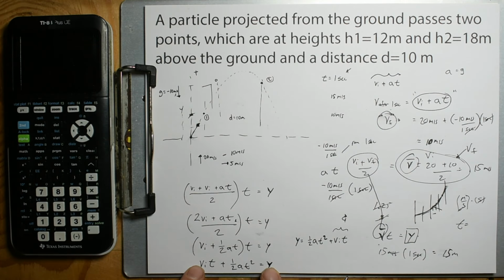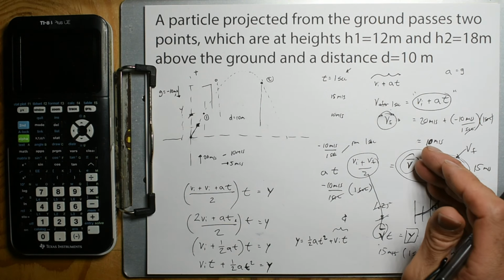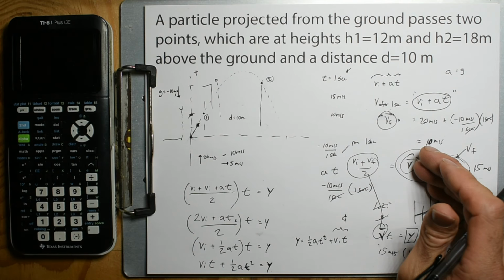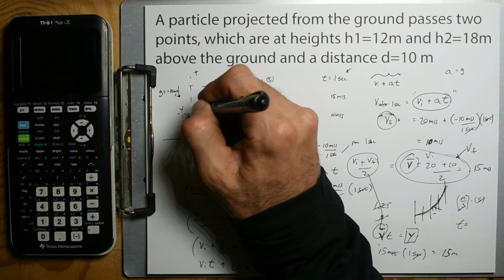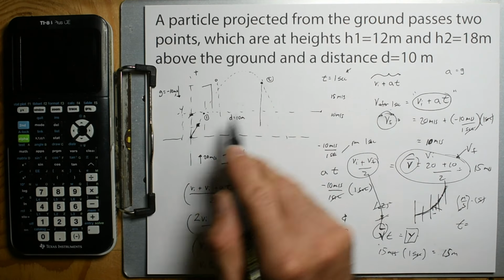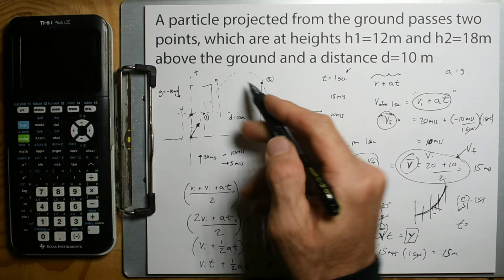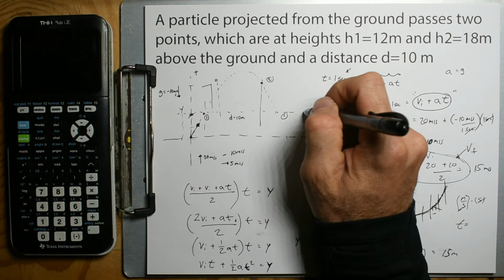But from this, now we can find the time. And we see that it's like a square root equation where we could just use a guess and check, but even if we did do a guess and check of just changing the time, why are we going to get 2 answers? Because we're trying to find where this thing hits height 1, but it's going to hit height 1 on the way up, and then it's going to hit height 1 on the way down.